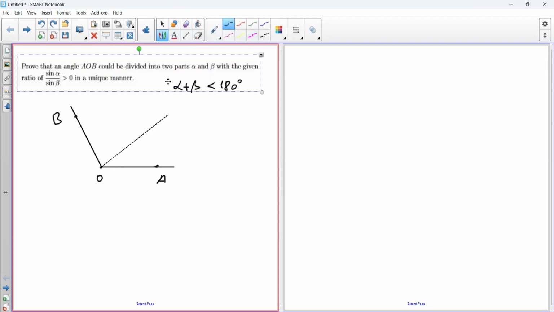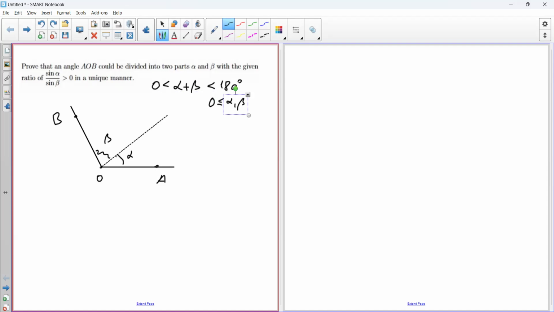Here, of course, it's supposed to be greater than 0, and alpha and beta would be greater than or equal to 0. This angle is alpha, this angle is beta. And there are many technical options for how to prove this directly.